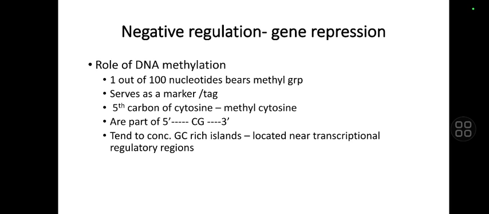It is located at cytosine rich or GC rich areas. So GC rich islands are the main region where this methylation usually occurs, and these are concentrated near the transcriptional regulatory regions.